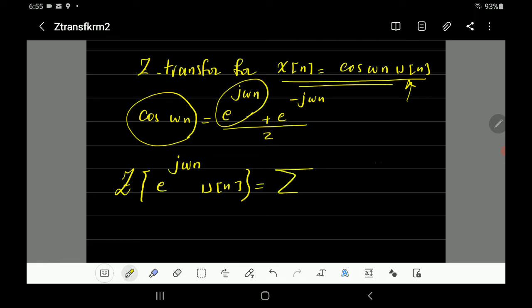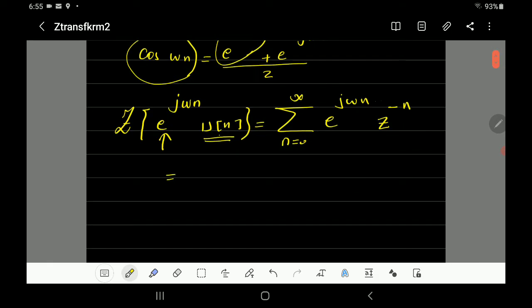The definition of the sum is from n equals minus infinity to infinity, but since we multiply by the unit step, it will start from 0. So you have n equal to 0, and the function will be e to the power of j omega n multiplied by z to the power of minus n.